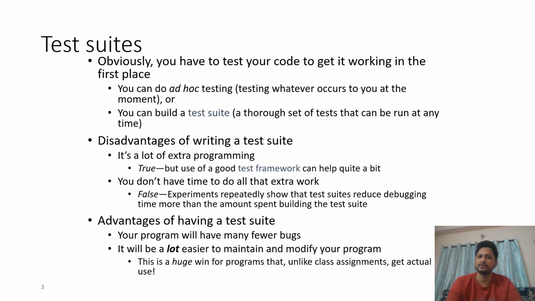This is the main purpose of having a test suite in JUnit, and we can also test some sample codes to get them working in the first place. It covers different types of testing, including ad hoc testing, where a change occurs at any moment.